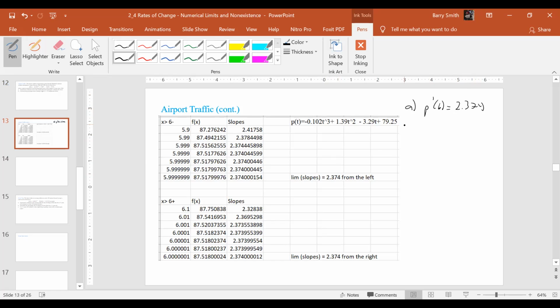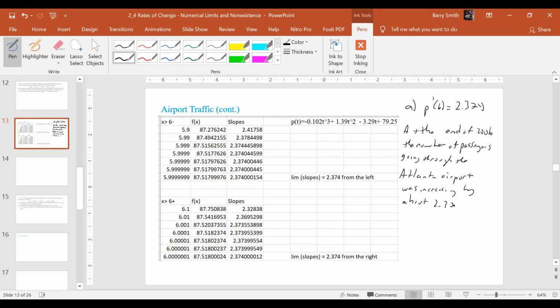Now it says interpret that. Well, now what we have to do is write what it says. So at the end of 2006, the number of passengers going through the Atlanta airport, I'm shortening it, was increasing by about 2.37.